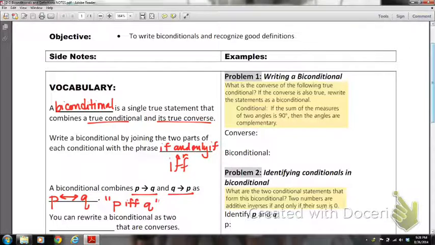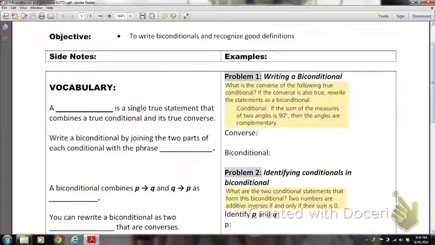You can rewrite a biconditional as two conditionals that are converses. So let's look at problem 1 to use this.